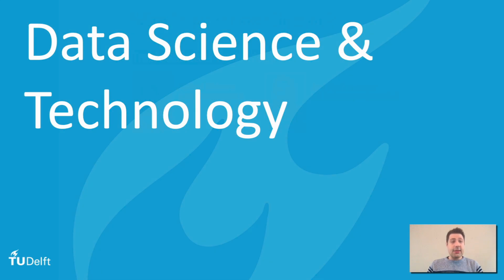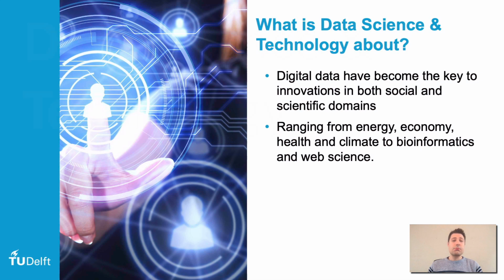Then the next track, data science and technology. And the point of this track is that data is so pervasive in our society right now, and the idea is that we can leverage this data to improve the way we work. So as I have in the slides here, digital data have become the key to innovations in both social and scientific domains.